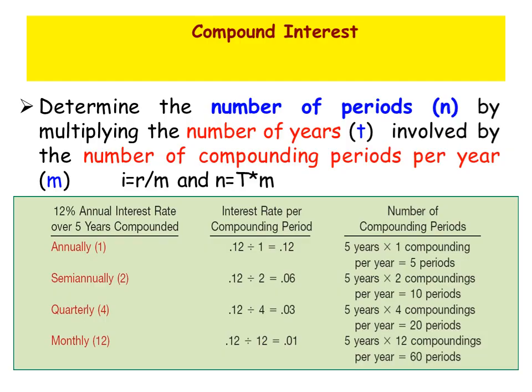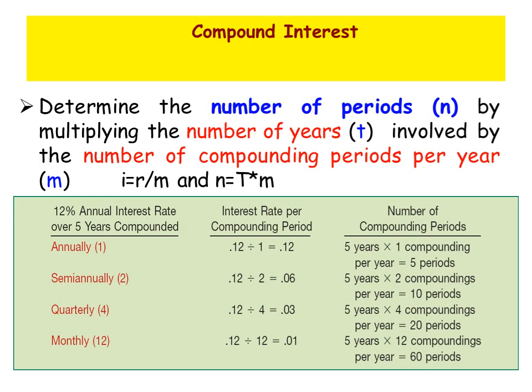What about the number of compounding periods? N is equal to years times m. For the first, m is 1, annually, one payment per year. The time is 5 years, 5 times 1 compounding per year is equal to 5 periods.